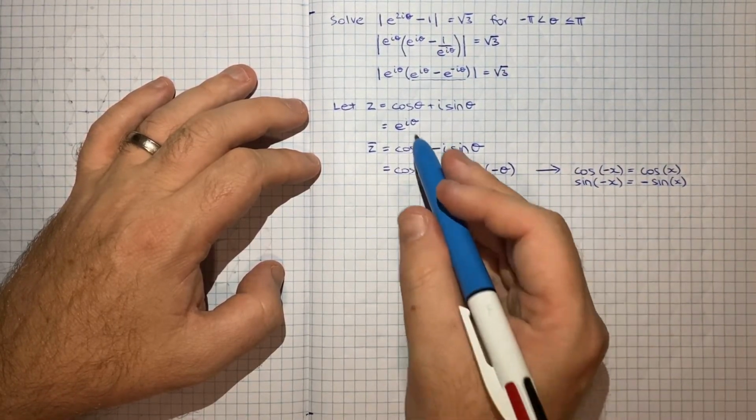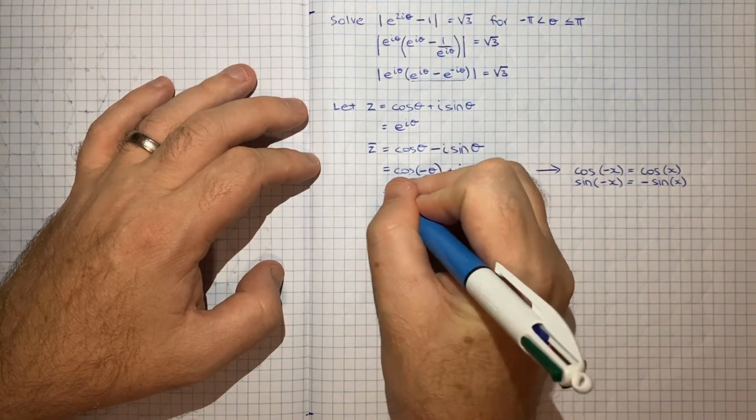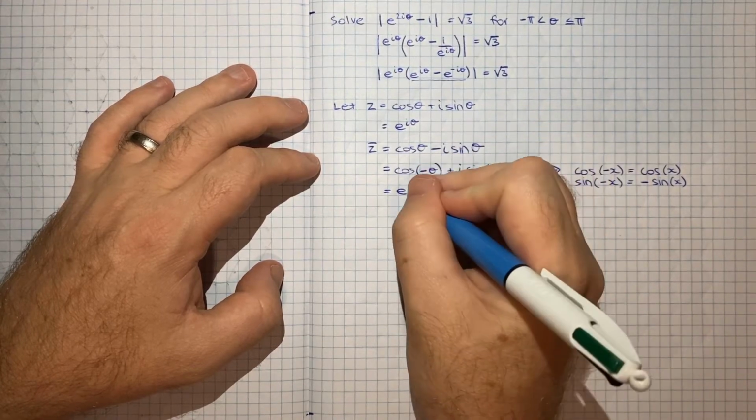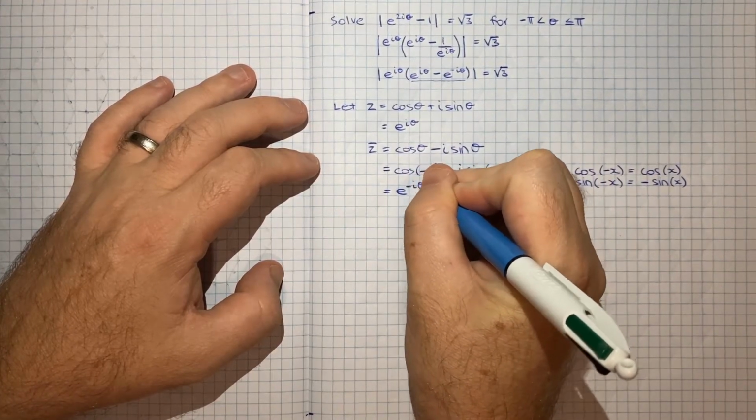And so putting that in Euler's form, we've got negative theta here, so it would be e to the negative i theta.